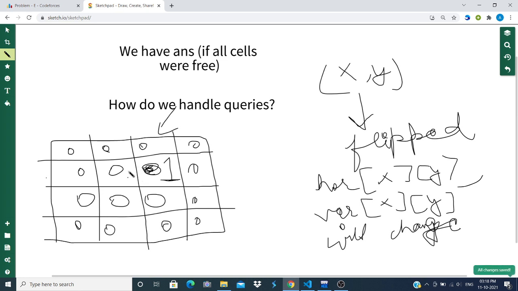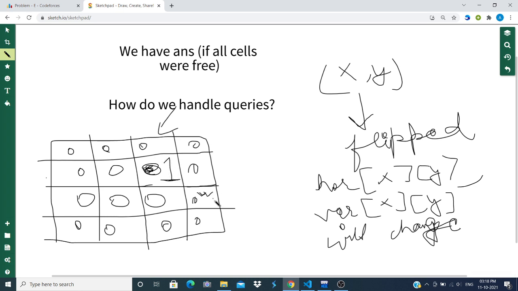So let's say we change this 0 to 1. Then obviously the number of horizontal staircases which end up at this cell will change, and similarly the number of staircases which end up at this cell will also change, right?